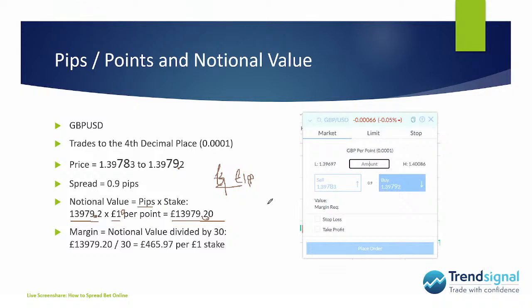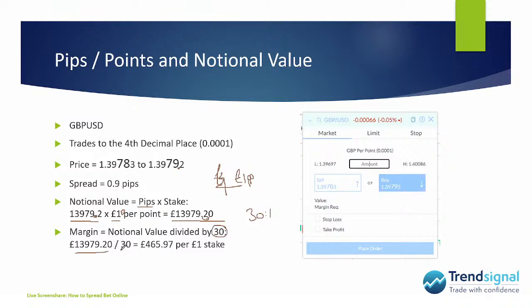So the leverage available, the margin rate or the multiplier on your buying power, is relatively high on currencies. You can trade at 30 to 1, which is 3.3%. So if you want to know how much capital you need for a £13,979.20 position, you simply divide that number by 30.